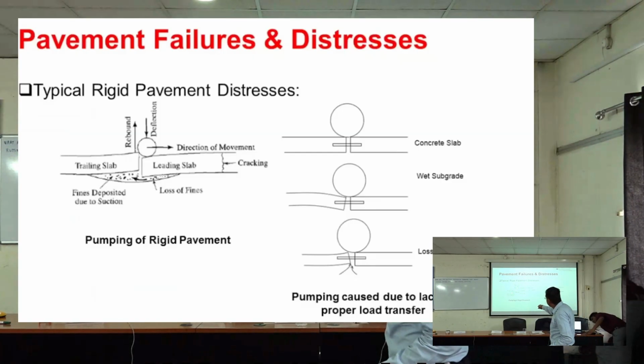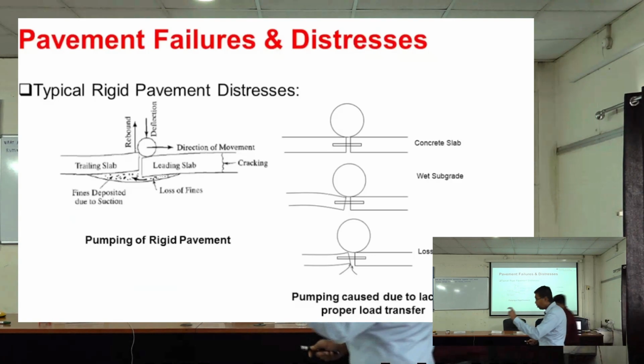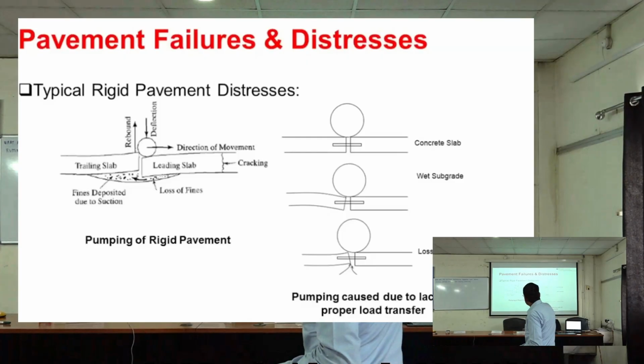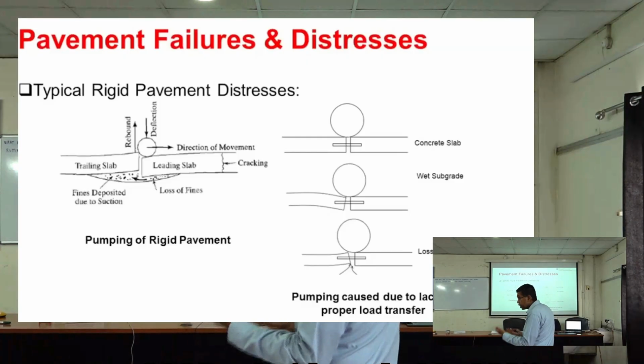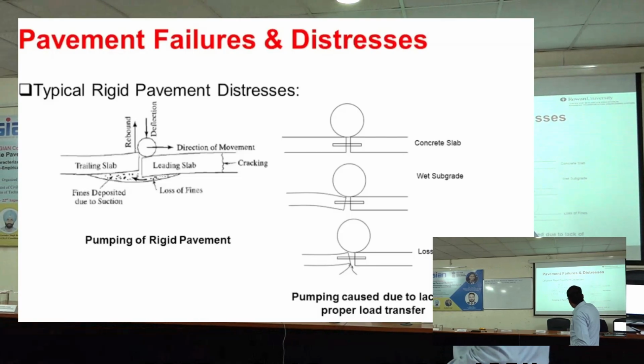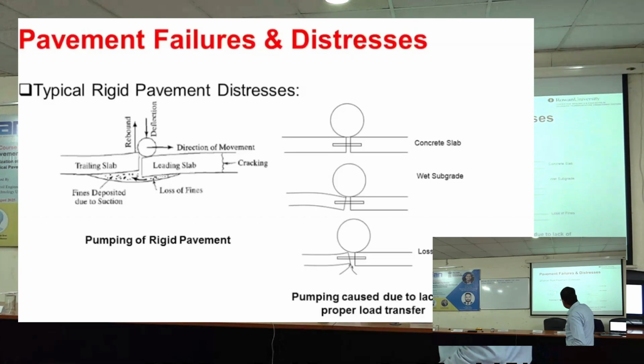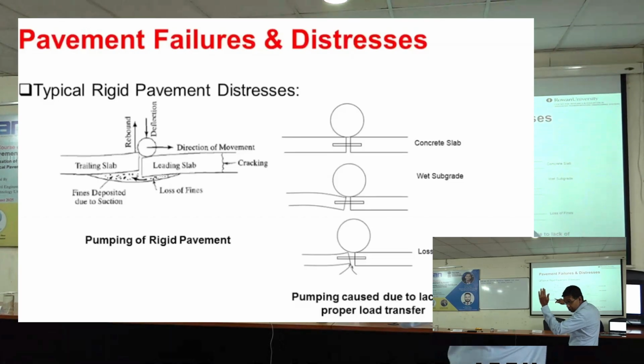If this is done perfectly well, this would act like the center of the slab, with complete continuity. But they lost the continuity: when the vehicle comes in here, it deforms down, and when the wheel comes on the other side, the trailing slab rebounds and the leading slab deforms, right?